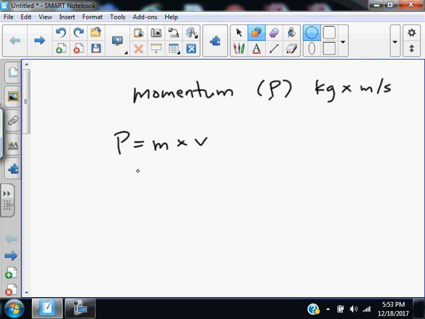It's going to be important to note that because momentum is dependent on mass and velocity, we can make some basic observations here for objects that have a big mass. If you have a big mass, then you're going to end up with a big momentum, because if you increase this value for mass, you're going to increase the value for momentum.